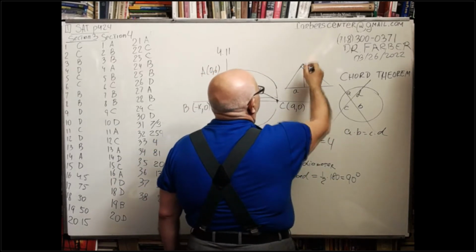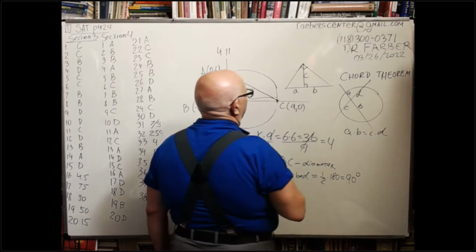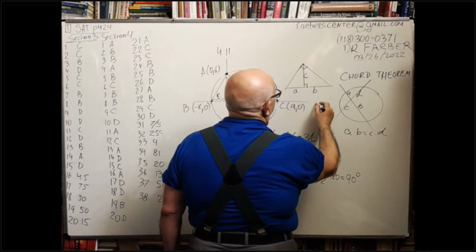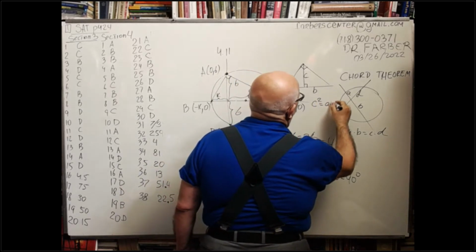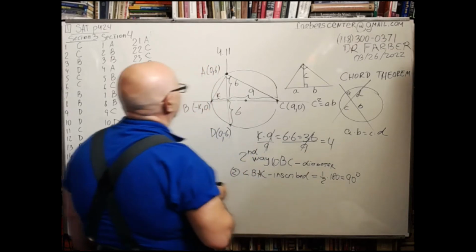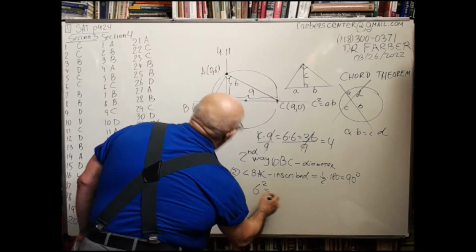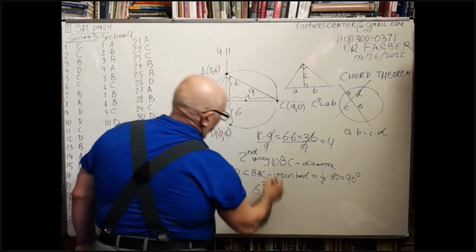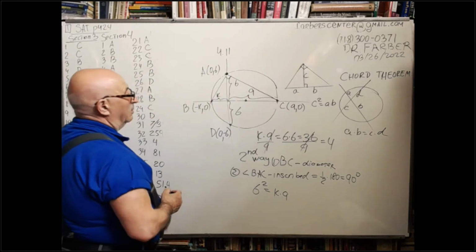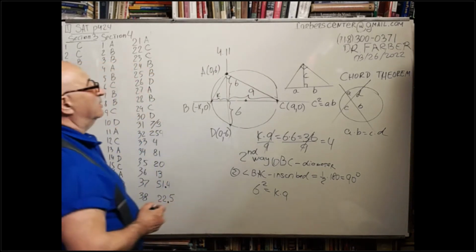If you make a perpendicular from the vertex of the right angle to the hypotenuse, this C to the second equals A times B. This is the second way. So you can write this: 6 to the second equals K times 9. The theorem about the perpendicular from the vertex of the right angle.